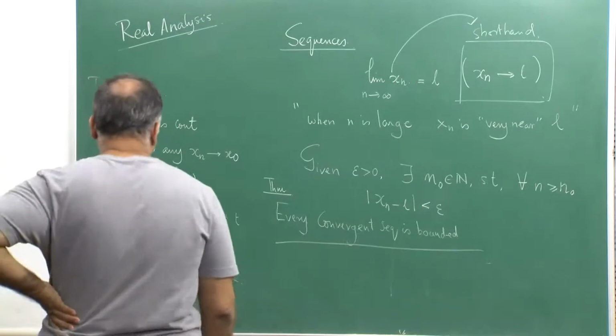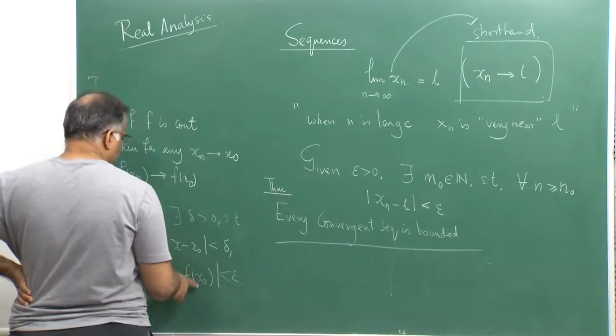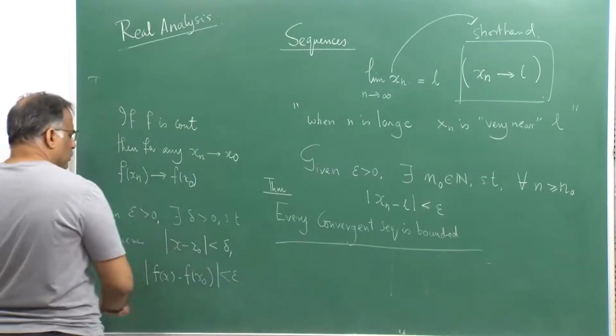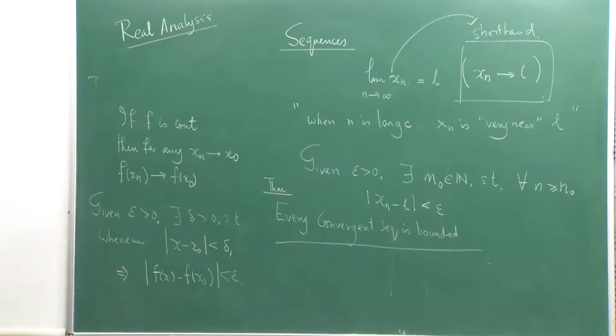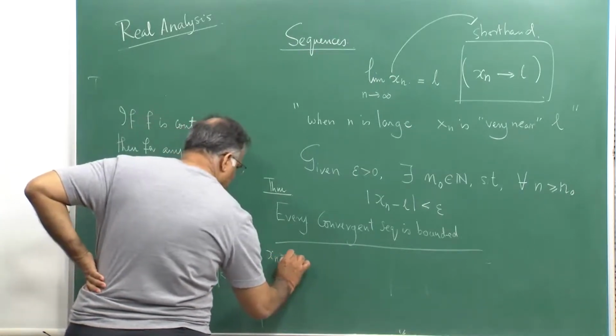Now, because I know that f is continuous at x naught, given any epsilon this is true. Now, I also know that xn is going towards x naught.